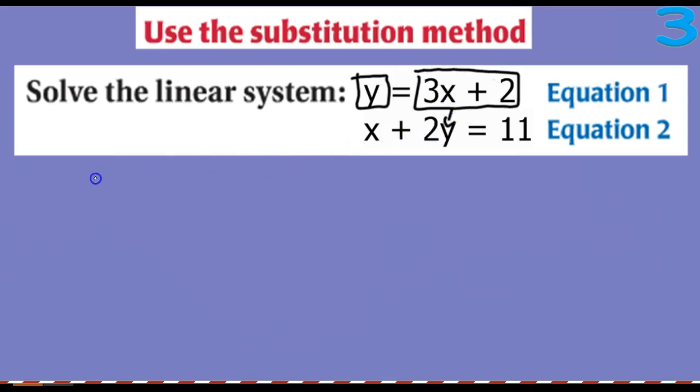So our first problem then was going to be x plus 2. Instead of y, it's 3x plus 2 equals 11.